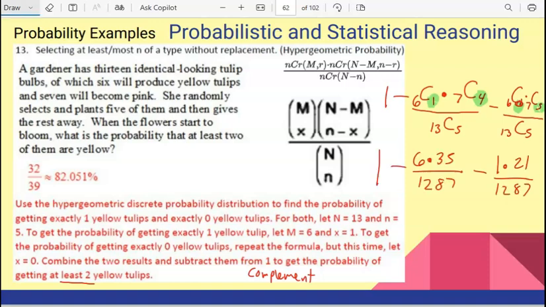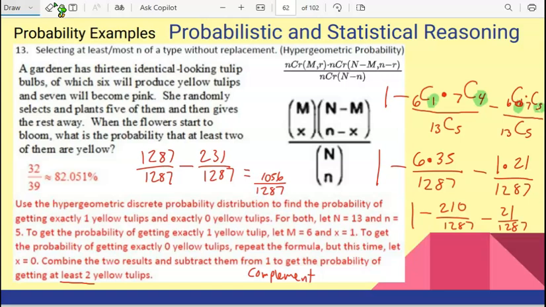And then we find the products of the numerators, which becomes 1 minus 210 over 1,287 minus 21 over 1,287. Combine those, and then the 1 becomes 1287 over 1287. You get 1,056 over 1,287.